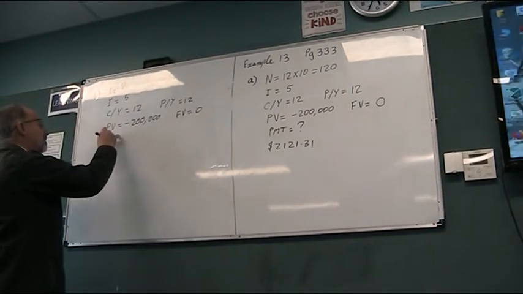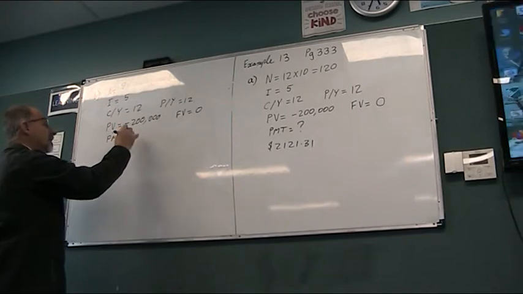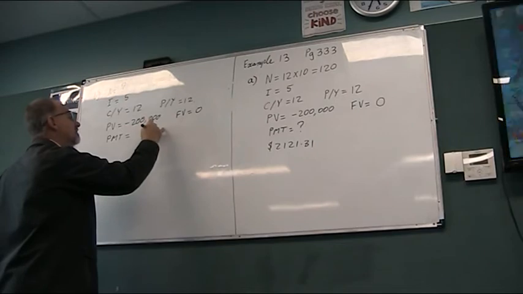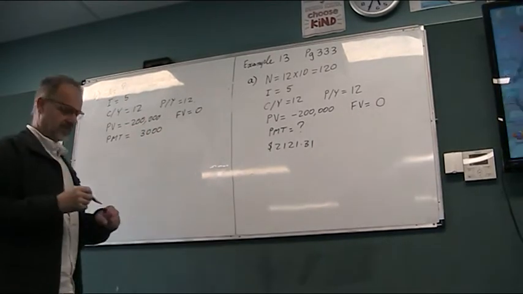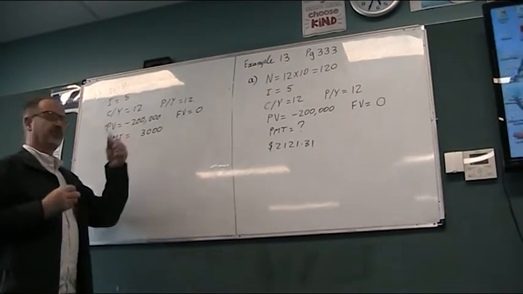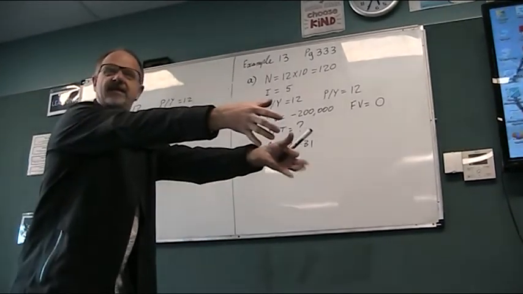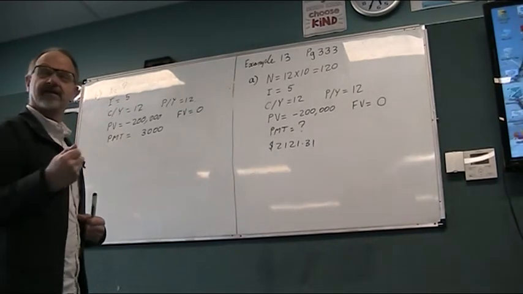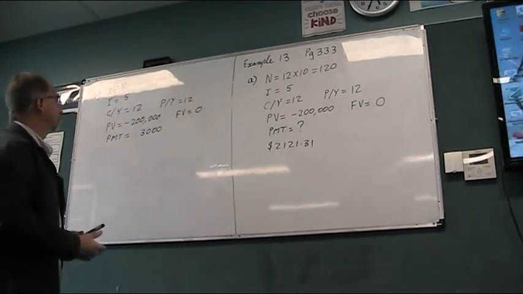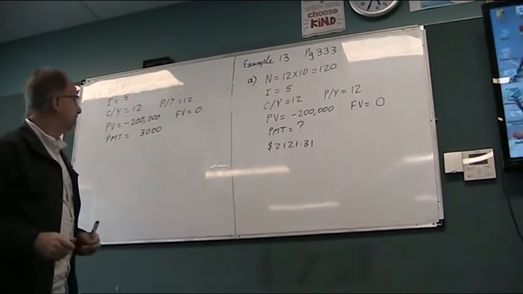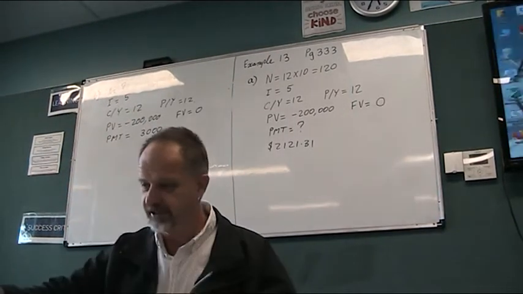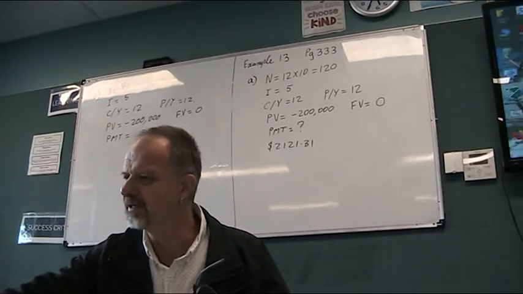This time we've got a payment. Payment is $3,000. Positive or negative? Positive, he's getting the money. So you put that 200,000 in and he's getting bits back, positive. All right, so we just make a couple of changes. I've just got to change the payment in the financial solver to 3,000.